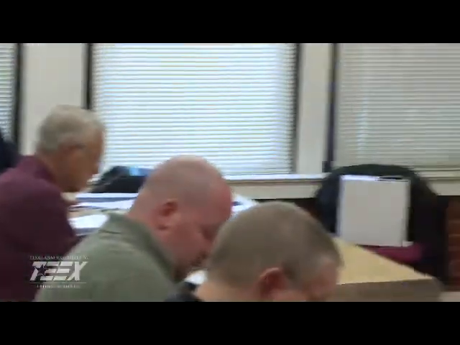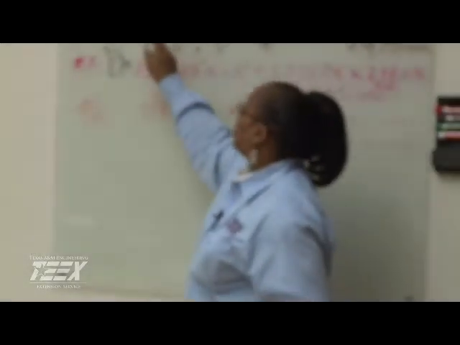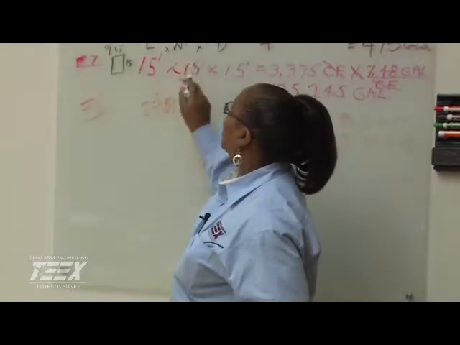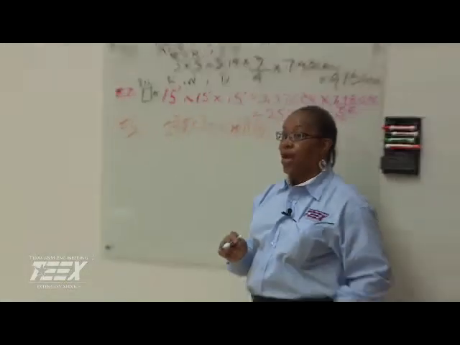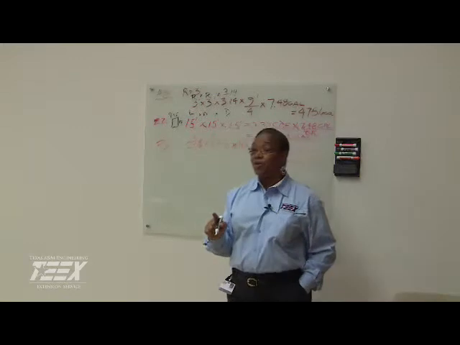Excellent point. If you write the formula every time, I know it seems redundant, that lessens the possibility of you going astray. And make sure that you read with understanding.